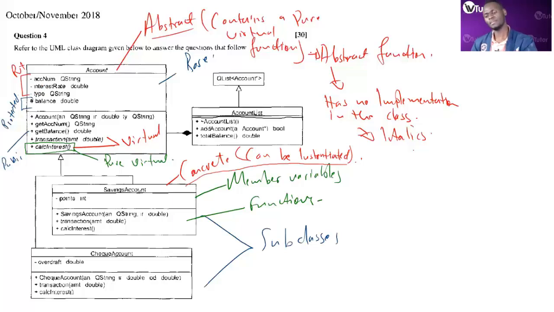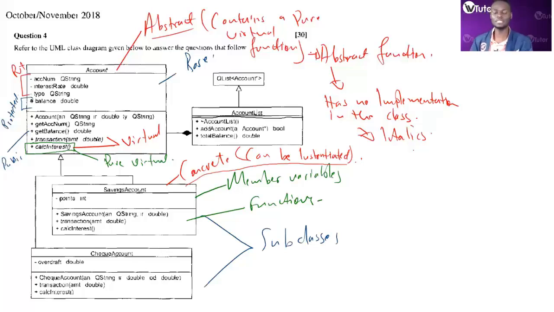Any member variable which is private is only accessible or usable within that class. You can only use that variable if you're implementing a function within that class. And if it's protected, it means even member functions inside your subclasses can also access that member variable. That is what it means when you say protected.